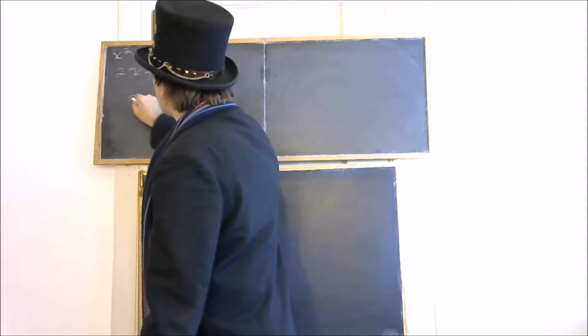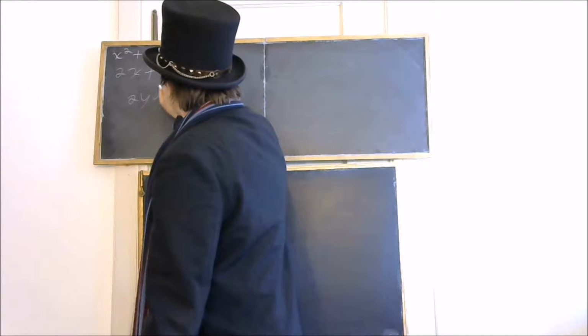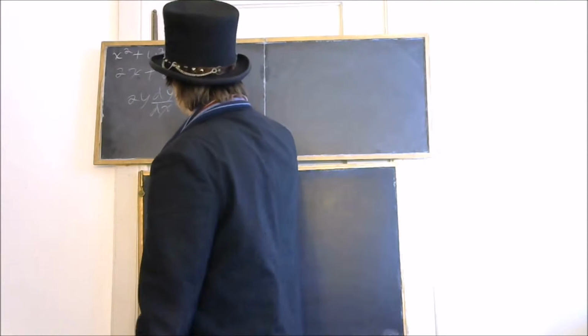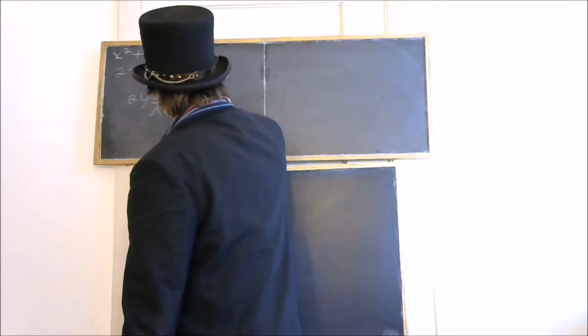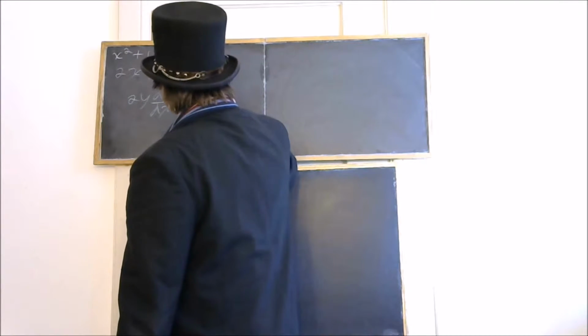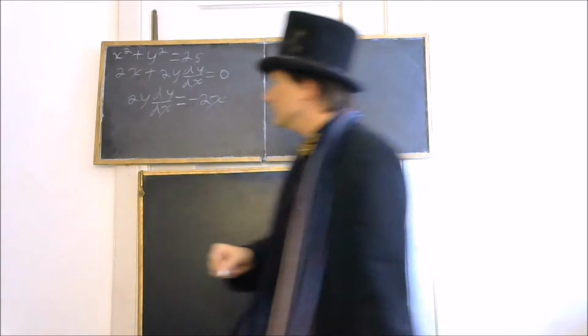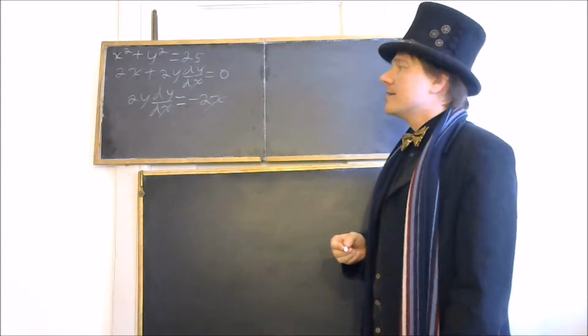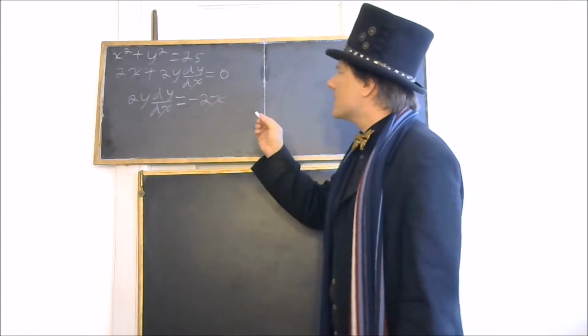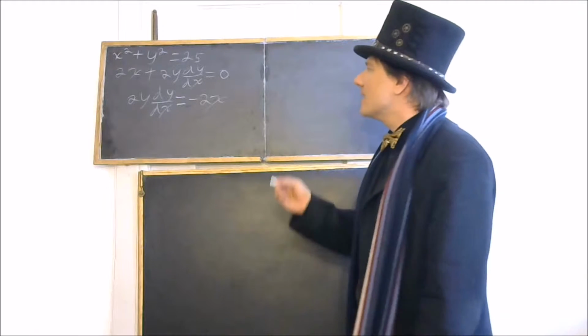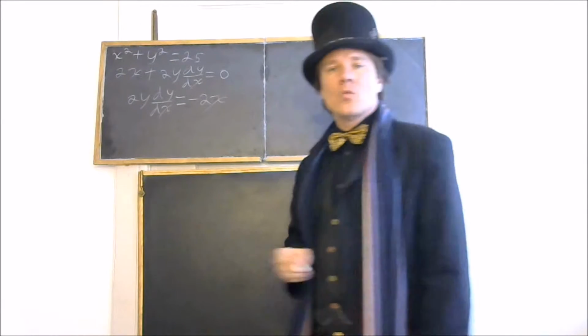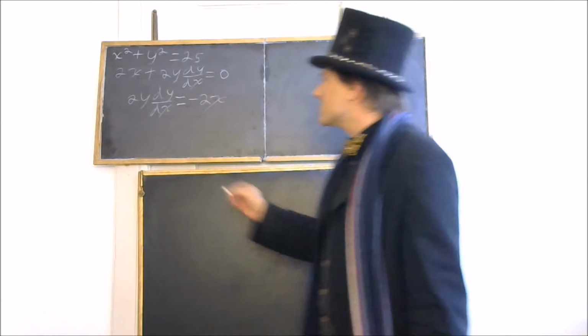So we'll take 2y dy/dx equals negative 2x. And then we divide the 2y from both sides.